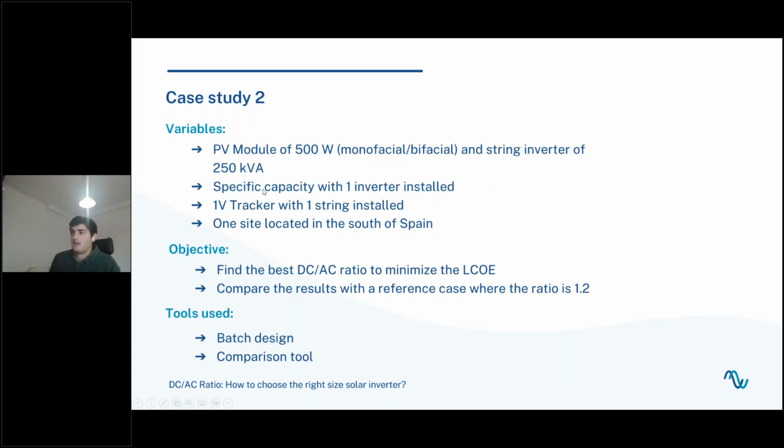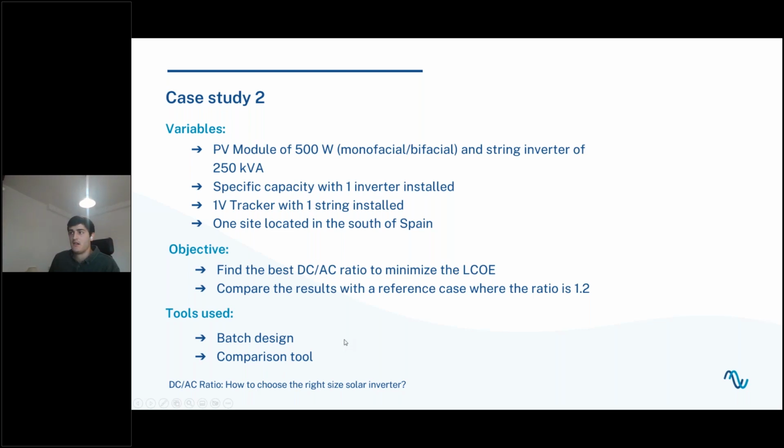I defined the same parameters as before, but now I wanted to compare what DC-AC ratio we could get if we were designing with a monofacial module and with a bifacial module. These modules will be of the same power and the same size, but the technology for one module will be monofacial and for the other one bifacial.